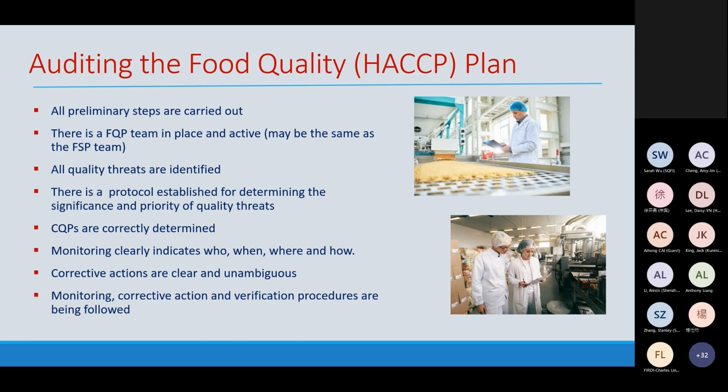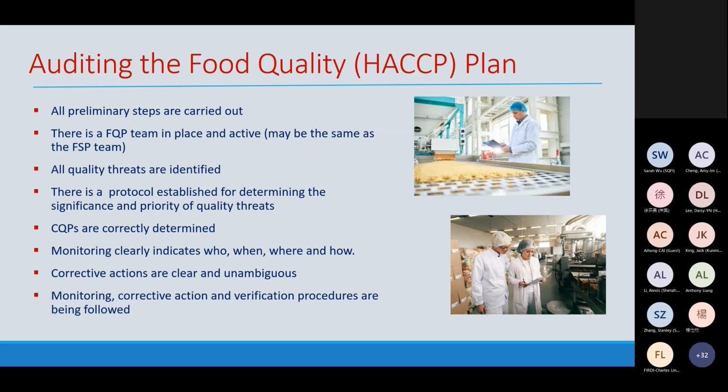We expect the auditor to ensure that all quality threats are identified and controlled using the HACCP method. If you notice that a site has a product that is shape or appearance or size critical, then is that quality attribute identified? Is the quality threat identified?